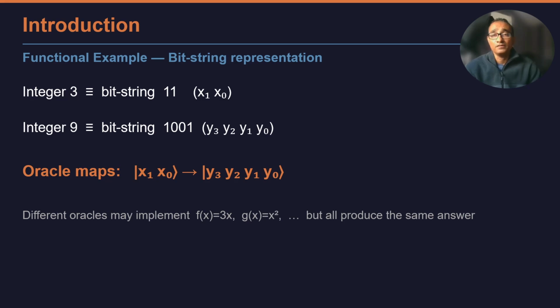Now you can map this through an oracle where x0, x1 is mapped to y0 up to y3. Also note that the indexation starts from 0, so the 4 bits take you up to index 3, that's y0 to y3. And you can then have different oracle maps which will map this input to output in precisely the same manner, just that you do not have to worry about the implementation of it.